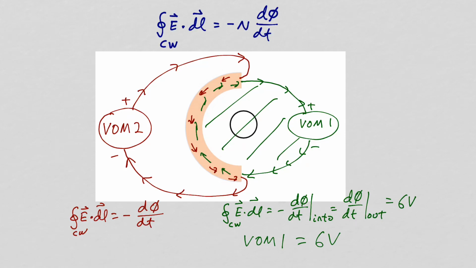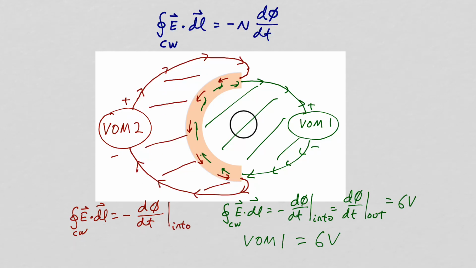Putting the fingers of your right hand in the direction of the integration, your thumb points into the page, and you want to know what is the change in magnetic flux with respect to time in this area defined by our path of integration. There is no magnetic flux through this area, so d phi dt inside our path of integration is 0.